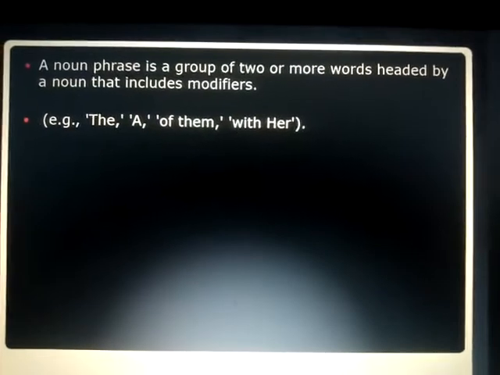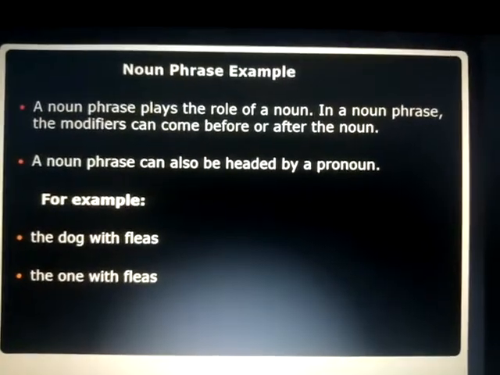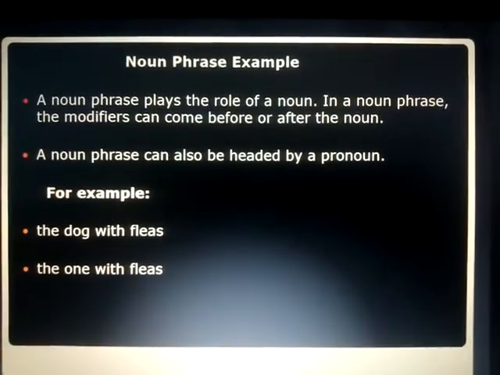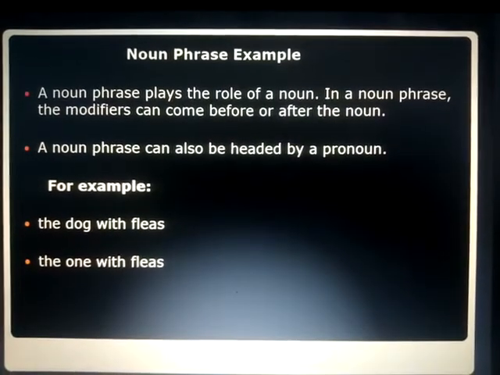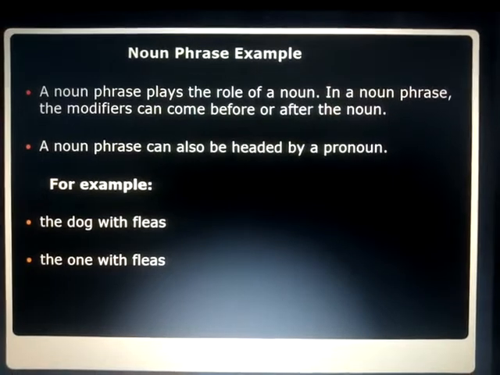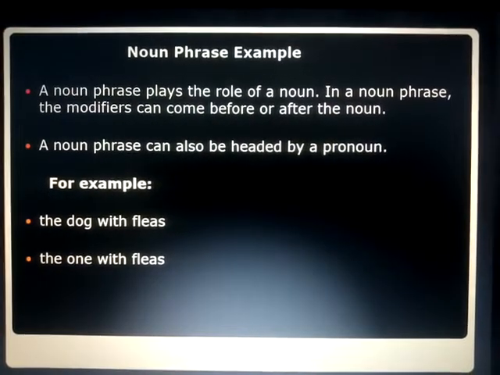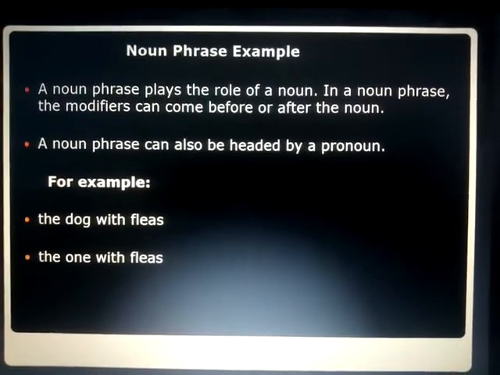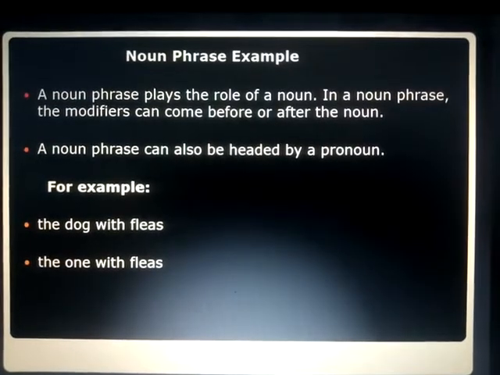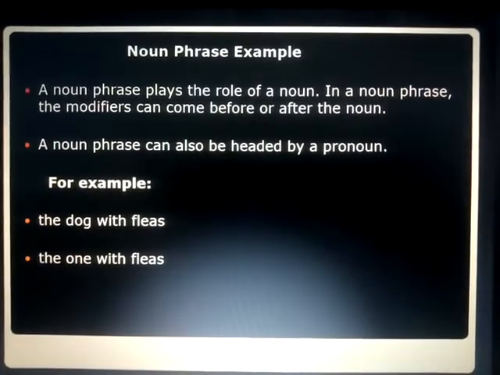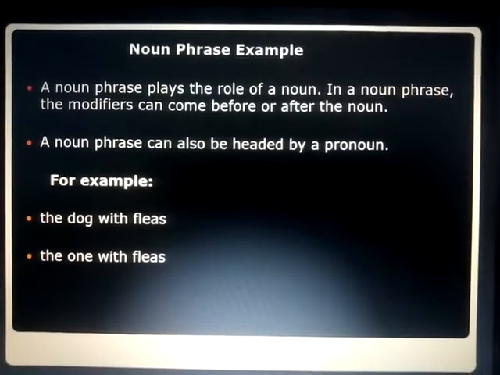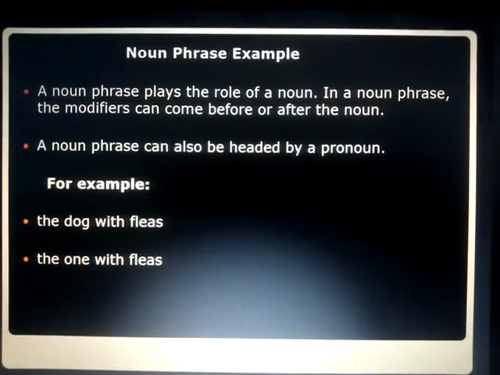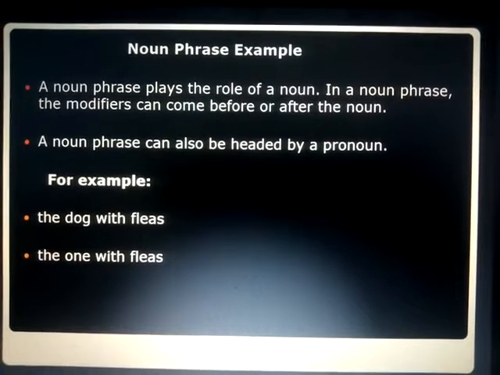These are some noun phrase examples. A noun phrase plays the role of a noun.